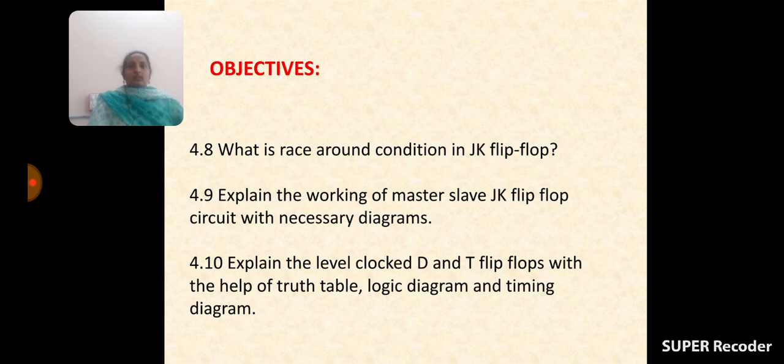Even though the clock pulse is present, even though the clock pulse is absent, the output is produced according to this input. Means these inputs are not synchronized with the clock pulse, and do not depend on the clock pulse. That's why these inputs are also called direct, means asynchronous inputs.